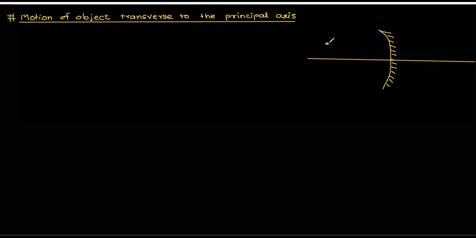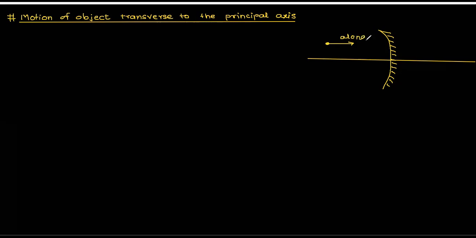So here it is object. When this is moving like this, that is along the principal axis, then it is along. Or even you can say parallel, sometimes along the principal axis.